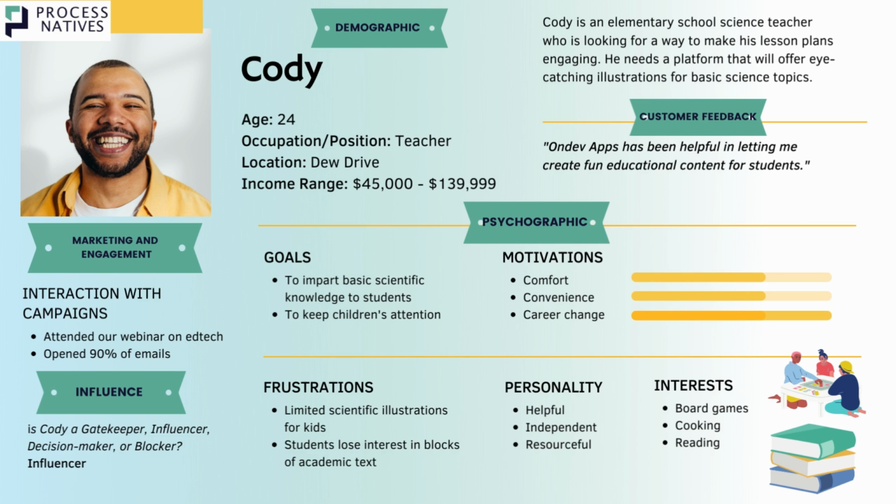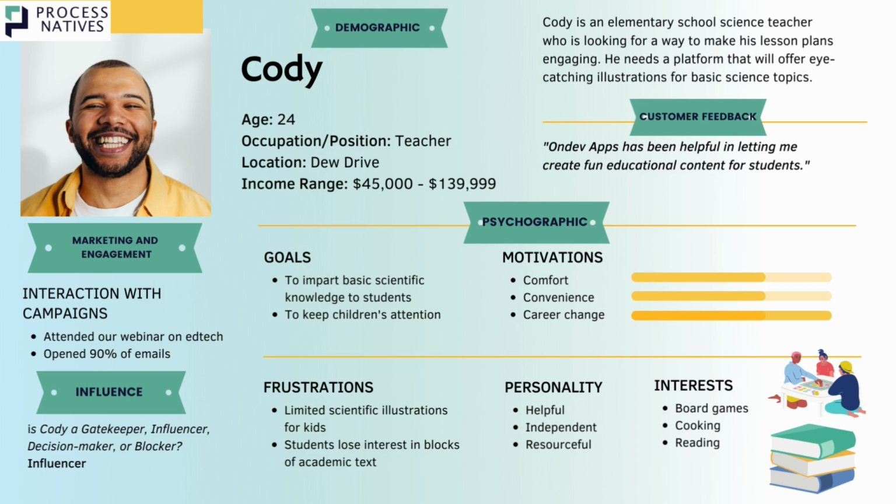Demographic data has a wide range of variables: age, language, education, home ownership, income, marital status. Cody, as you see, has age, occupation, location, and income range. The company decided that these are the four elements they need in order to communicate more efficiently with the contact.